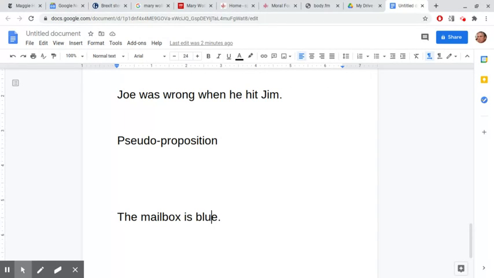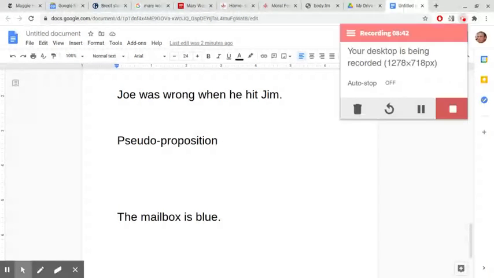But then the question becomes, well, if a claim or a proposition like Joe was wrong when he hit Jim is not any kind of meaningful proposition, then what is it? And that's kind of where things get interesting, I think, in terms of what we're calling emotivism.